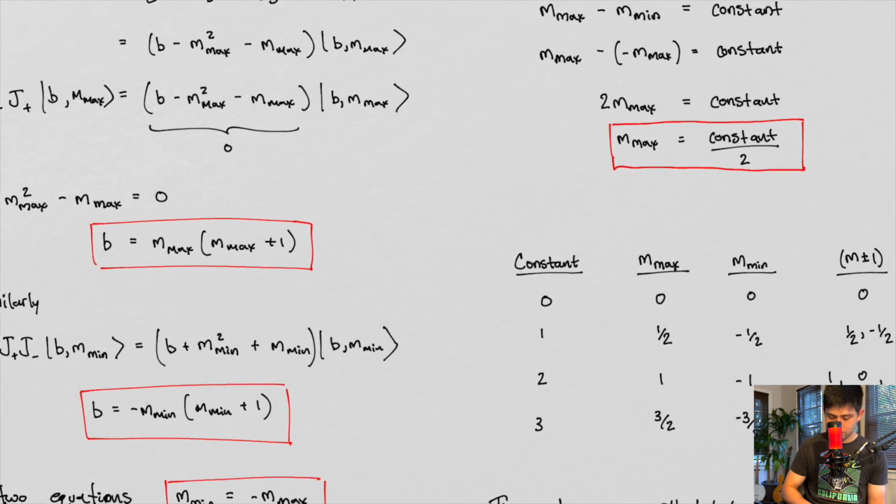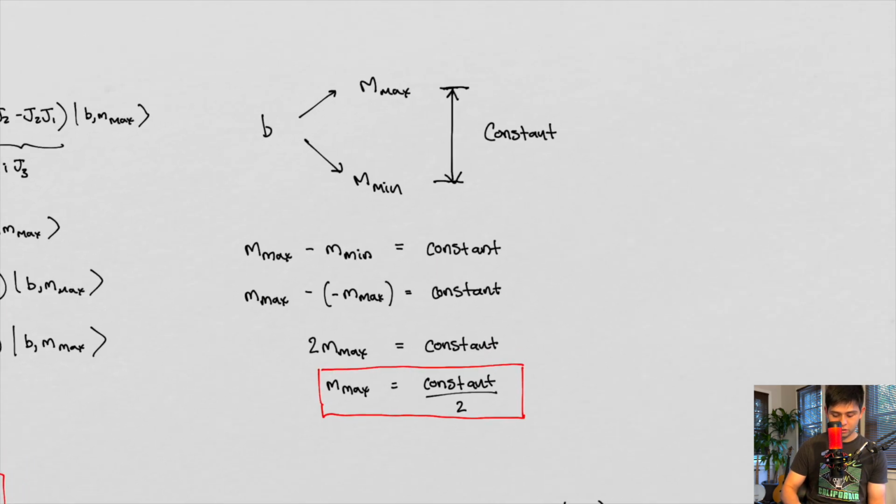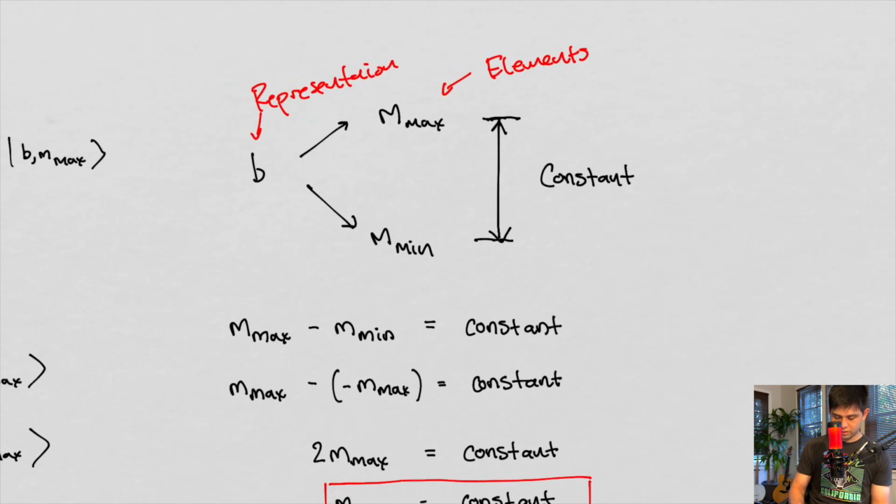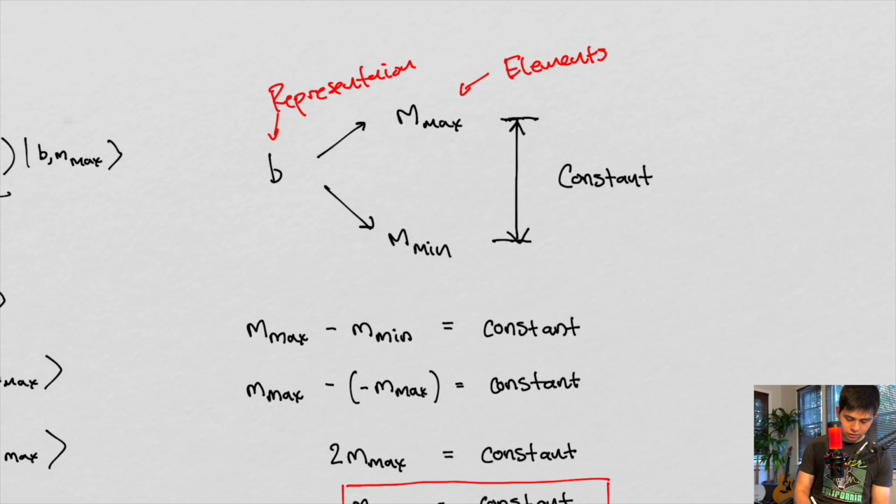And so to put this into a picture perspective, b is going to label our representation, right? So this is our representation, and these guys are the elements in the representation. Again, these things are brought out by Cartan. Make sure I get these right.